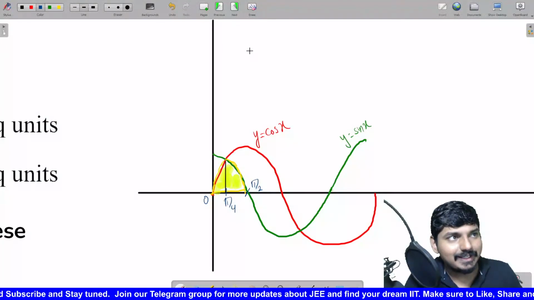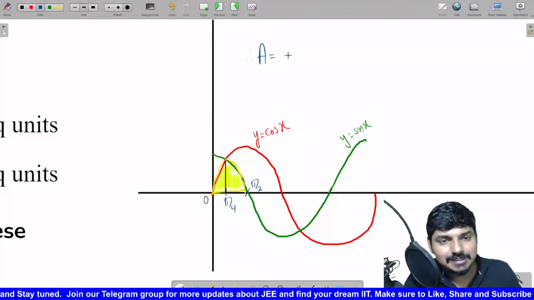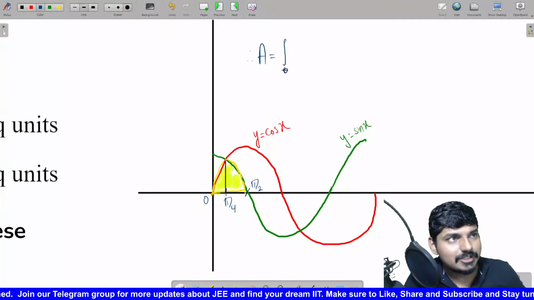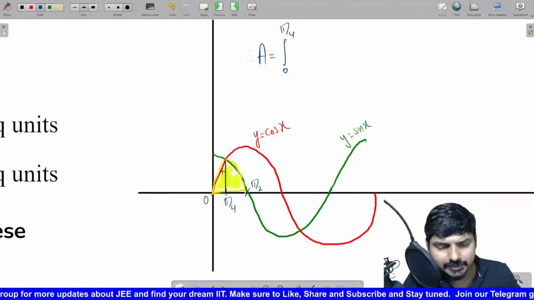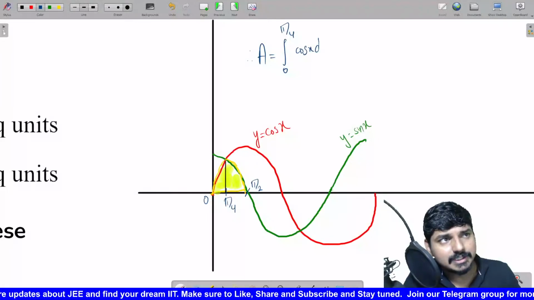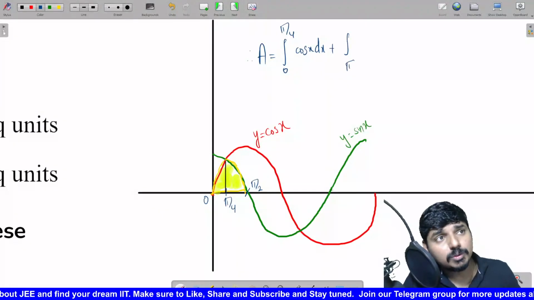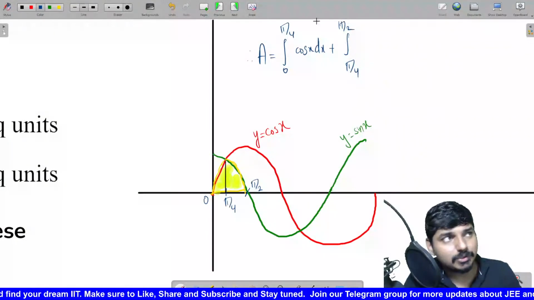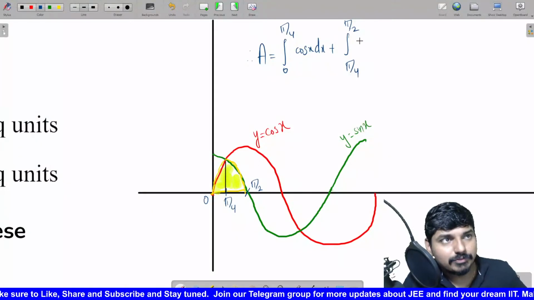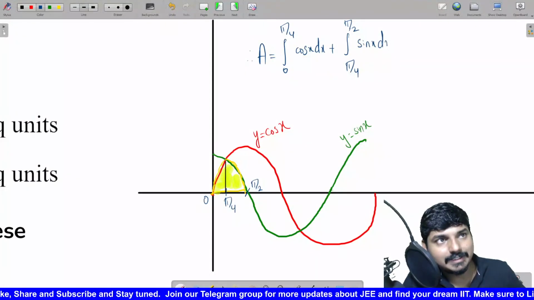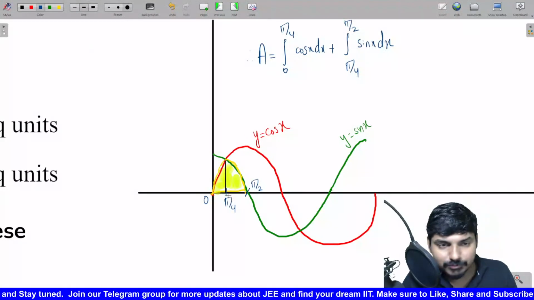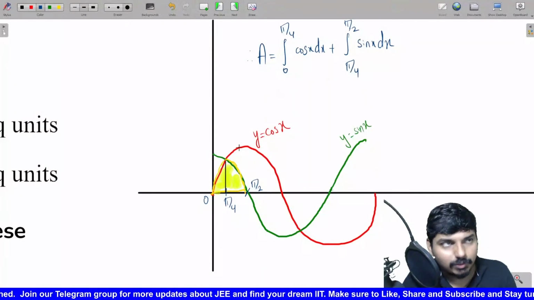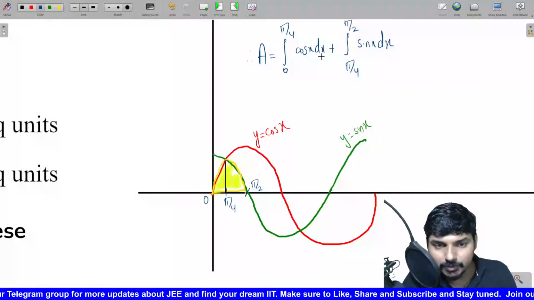So what does that mean? If you want to find the area in this particular case, it is going to be given by integration 0 to pi by 4, where only cos x is involved, so cos x into dx.